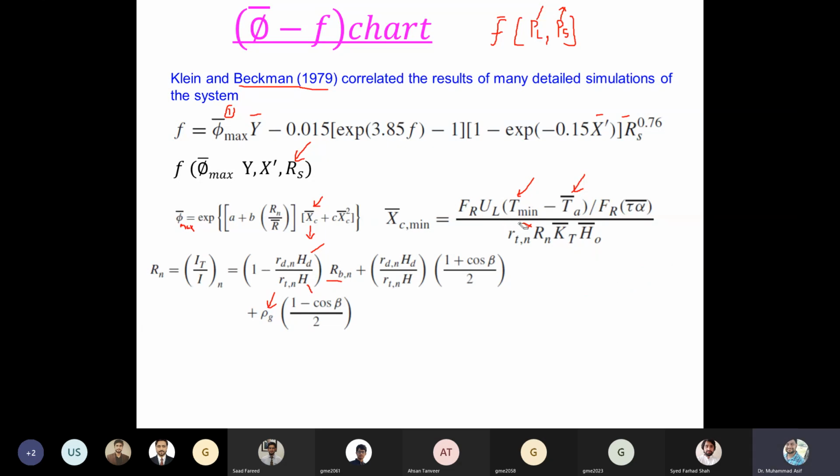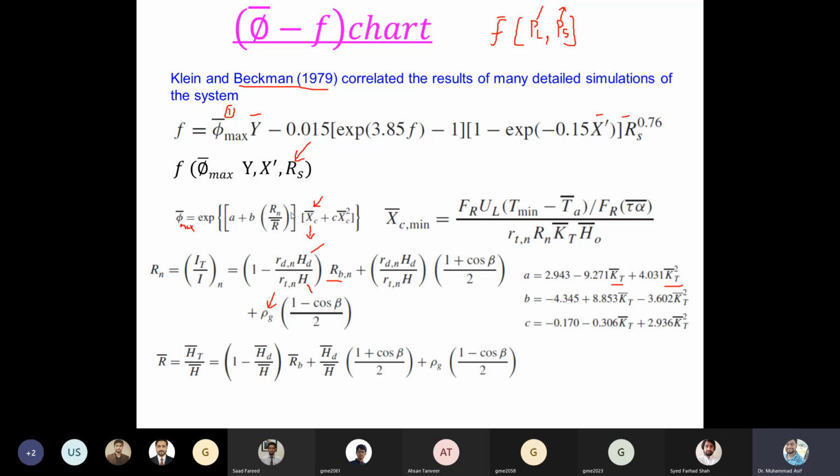Along with the Rn, what else do you need? You need these parameters A, B, C, and they are a function of KT, and we have defined how to calculate KT in the previous class. So you can calculate A, B, C, and the minimum critical radiation and the value of Rn.